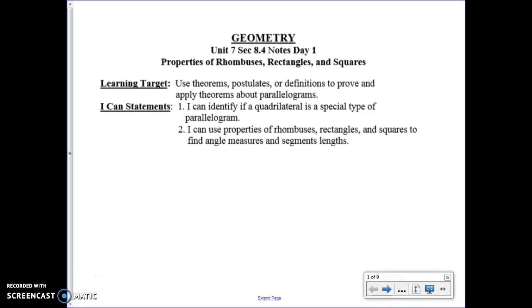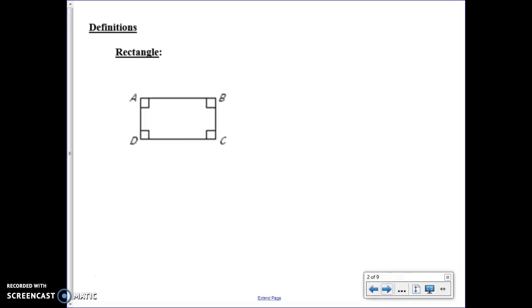Alright guys, today we are finally moving away from parallelograms a little bit and looking at rhombuses, rectangles, and squares. A rectangle is a parallelogram with some special properties.